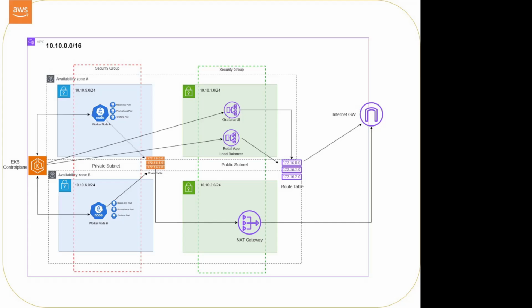On the private subnet, we will put the EKS control plane and the worker nodes, and on the public subnet, we'll put the gateway, the load balancer for the retail app, and the Grafana and Prometheus UI.